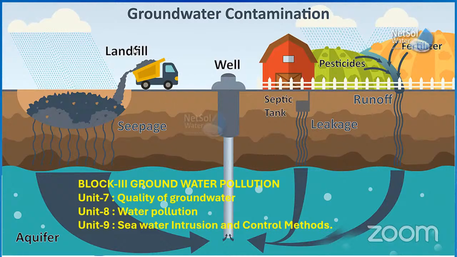Here, this is due to the landfills. Due to the landfills, there is seepage after rainfall, and this seepage reaches the aquifer which is holding the groundwater. Then it will contaminate the groundwater. This is one cause.